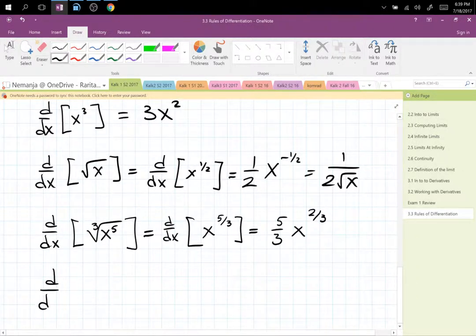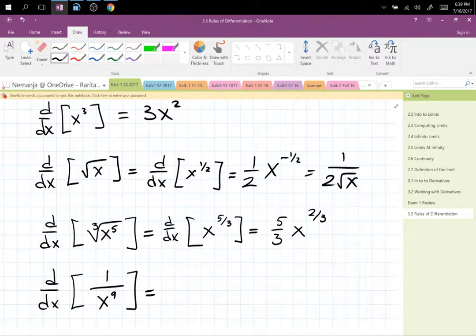What is the derivative of 1 over x to the 9th power? We first rewrite, right?